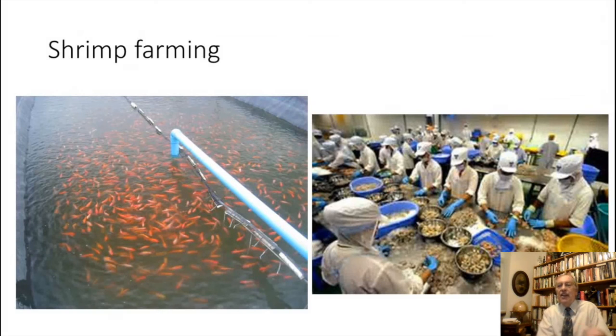Of course, that's heavy, intensive labor, and pretty much that's going to be folks in Southeast Asia doing that. China, India, Vietnam, Thailand are the biggest farm shrimp producers, and of course, there's a high labor cost to shelling those shrimp, as you can imagine by looking at the picture on the right-hand side.